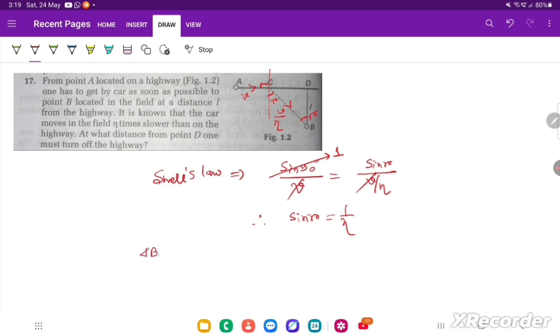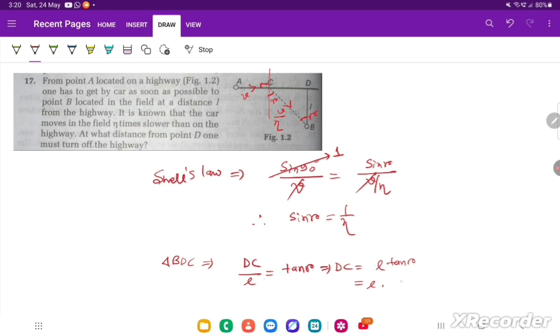And from the geometry of triangle BDC, using trigonometry, you can write DC upon L as tan R. So DC will be L tan R, right?